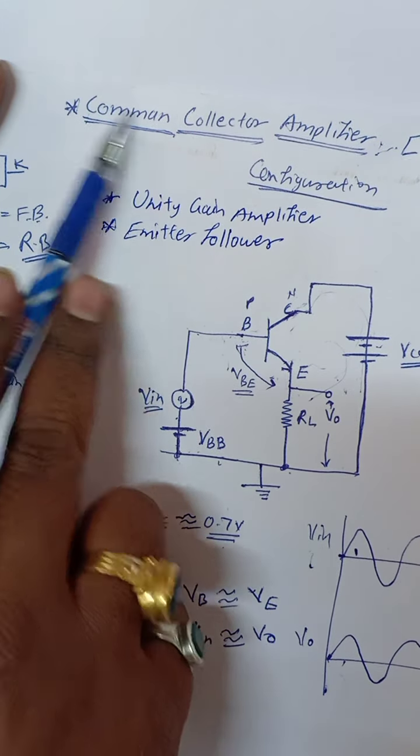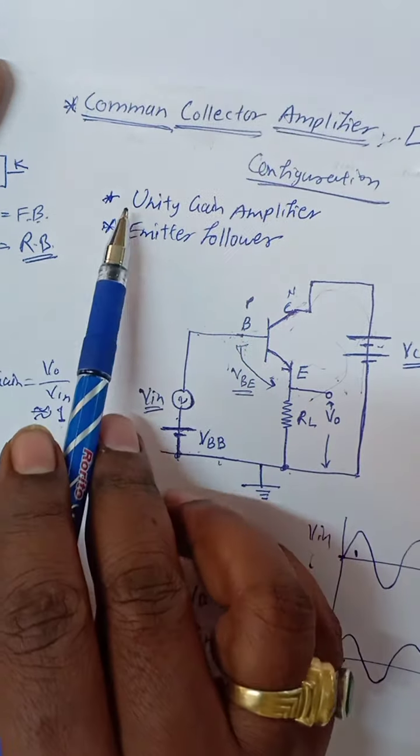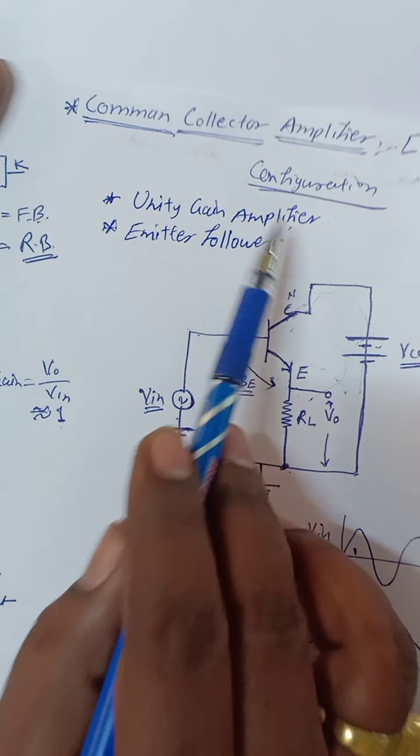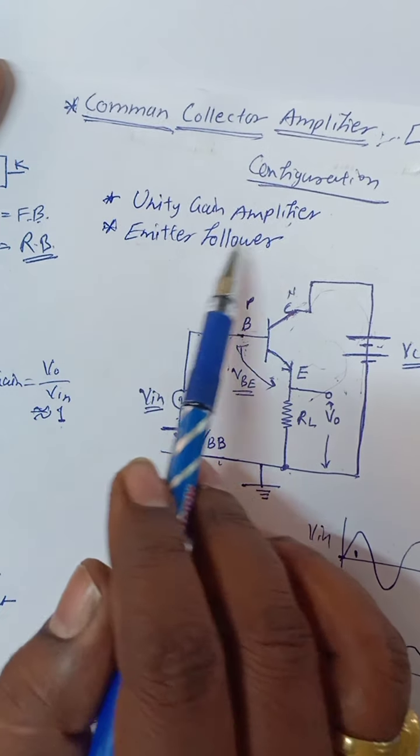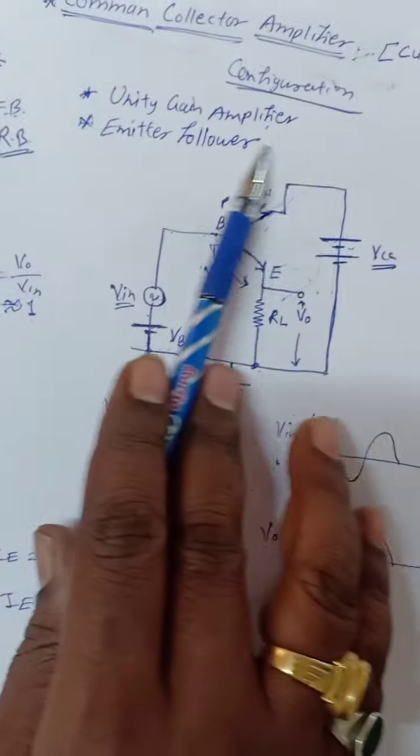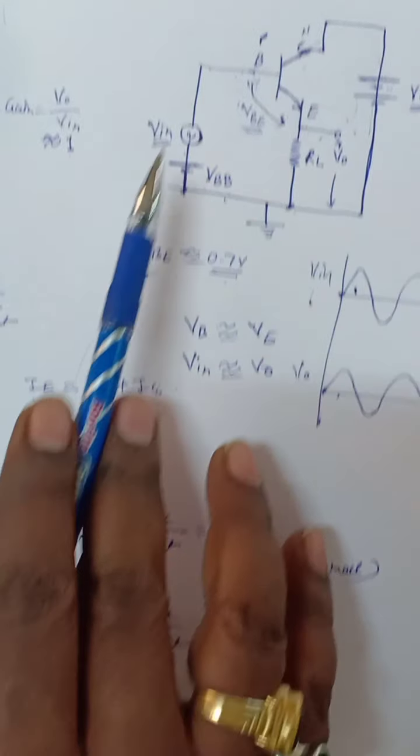So these are the three names: the common collector amplifier is also known as the unity gain amplifier and the emitter follower. This is all about the common collector amplifier.